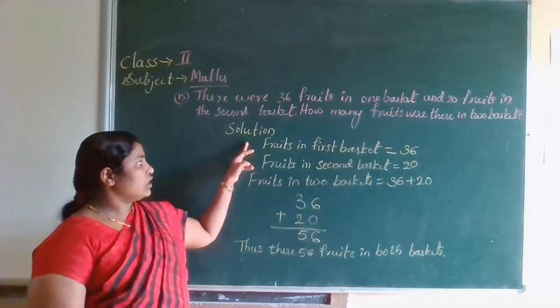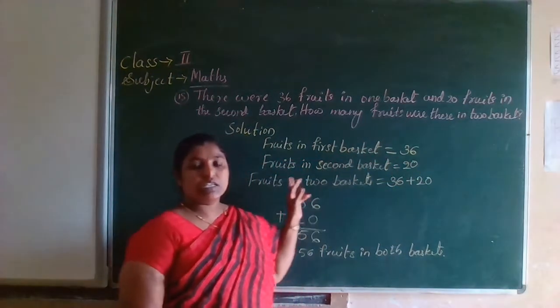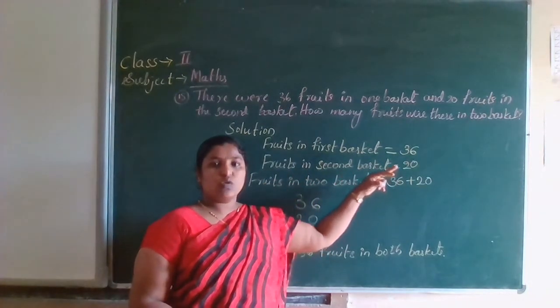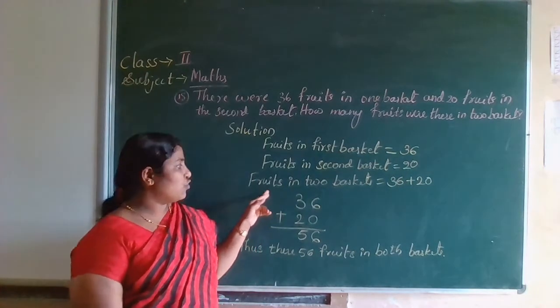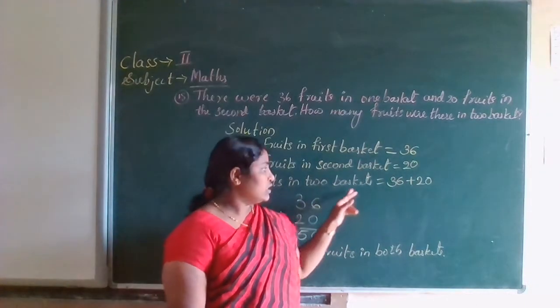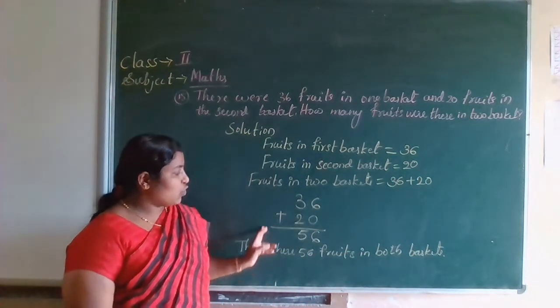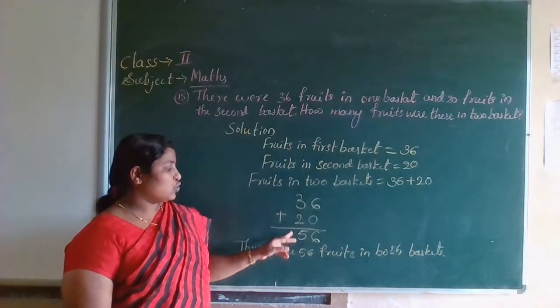So solution, fruits in first basket is equal to 36. Fruits in second basket is equal to 20. What should we identify? Fruits in two baskets is equal to 36 plus 20. So we wrote that in column, 6 plus 0, 6. 3 plus 2, 5.